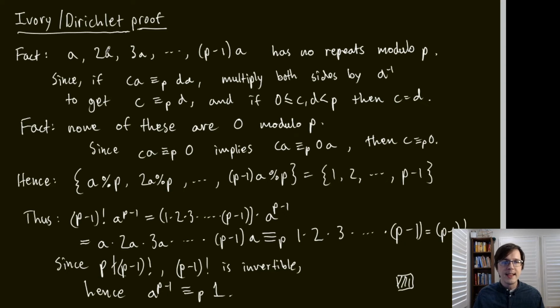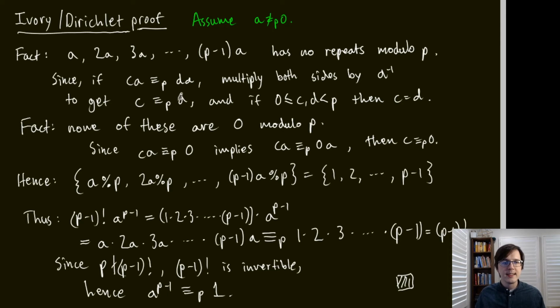So since we're assuming that a is not congruent mod p to 0 for this, that means that it's invertible. So we can multiply both sides by a inverse, and then that gives us that c is congruent to d mod p.